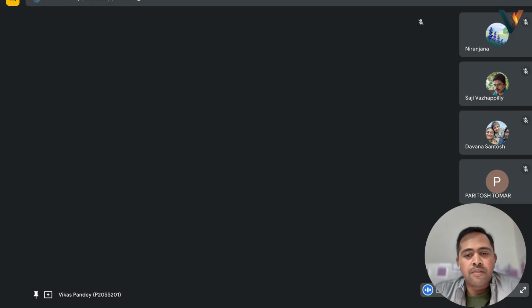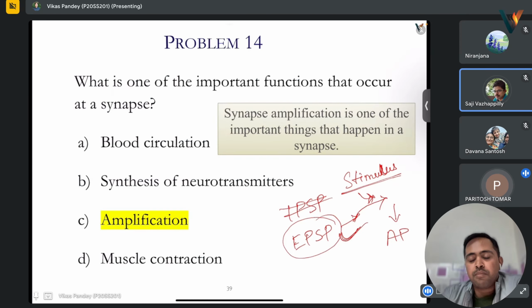It is being considered as an important function because that will result into detection of small stimulus also. If you are giving a very small stimulus, it is being detected. That is something of relevance.